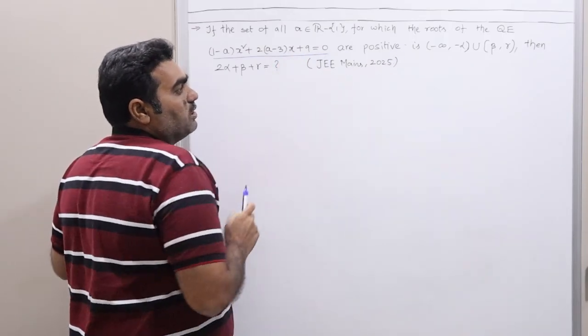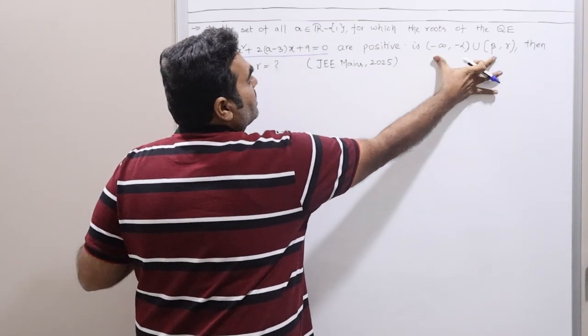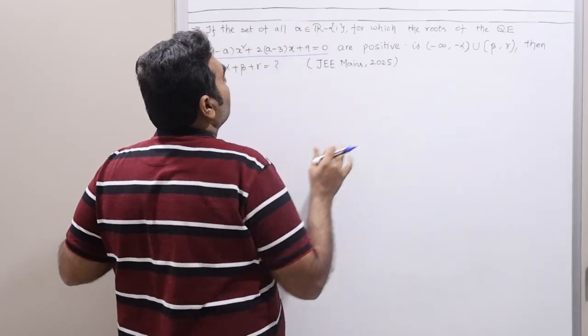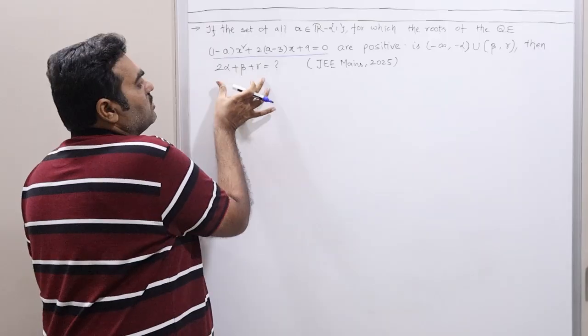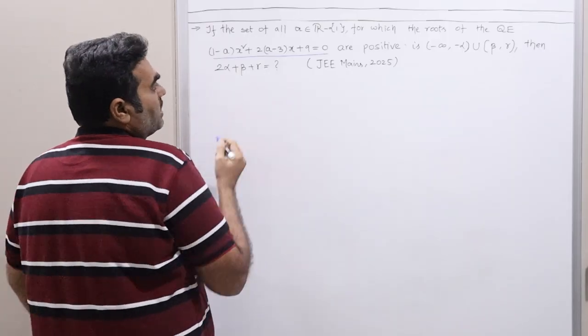The condition he gave is that A belongs to this set. Then he is asking about this value. So let us try to apply conditions.